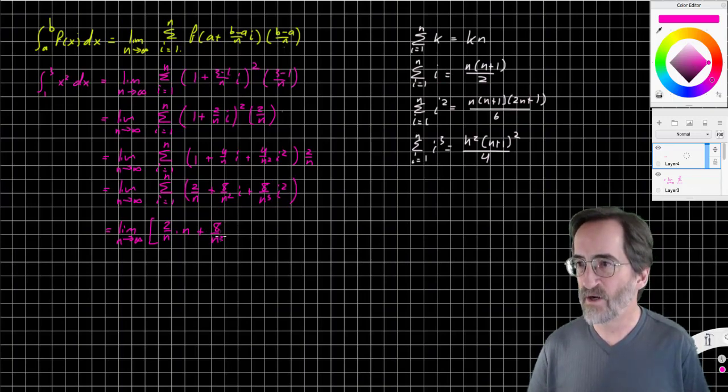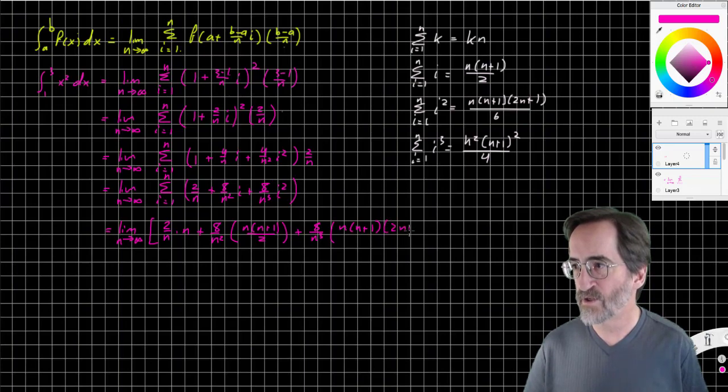The sum of i is n times n plus 1 over 2. And 8 over n cubed, the sum of the i squareds is n times n plus 1 times 2n plus 1 divided by 6.